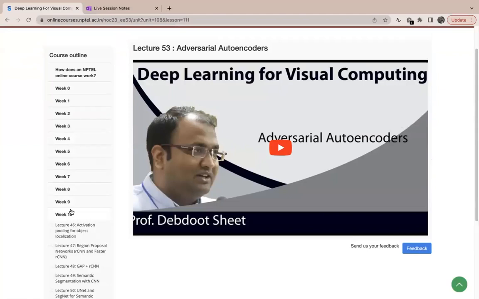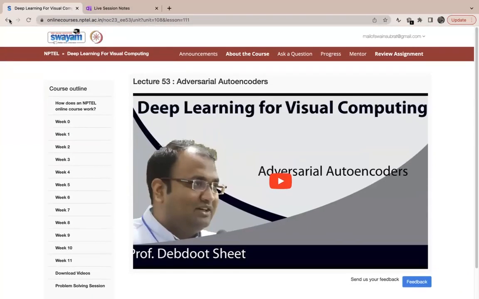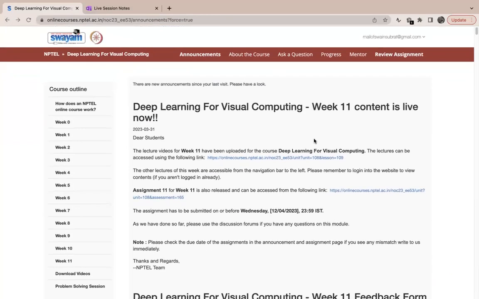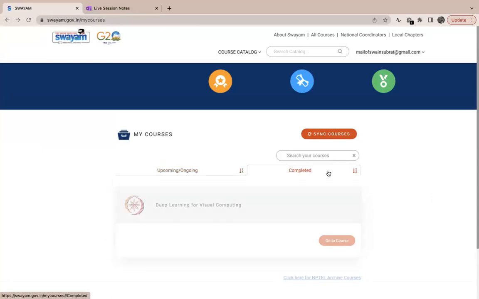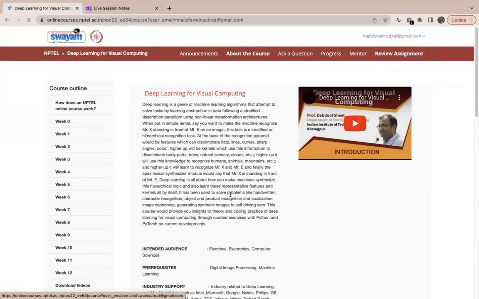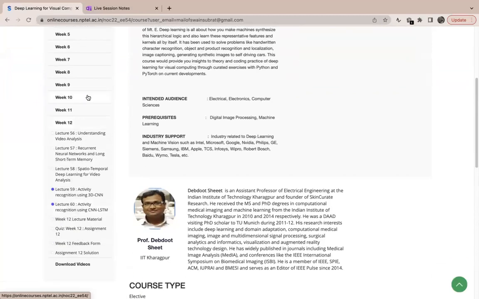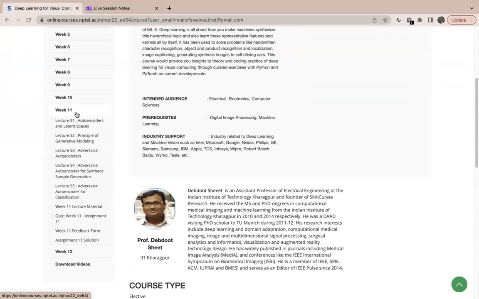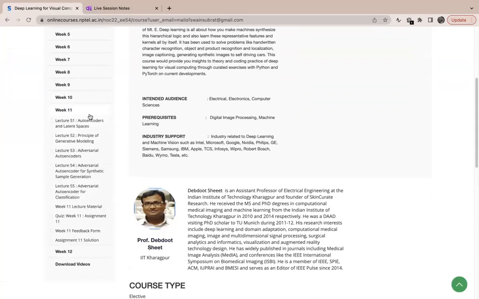So they're coming to generative modeling, and I will have to go through it. Let me see what the number of weeks was last year. I believe it must be week 12, right? The content is more or less the same.